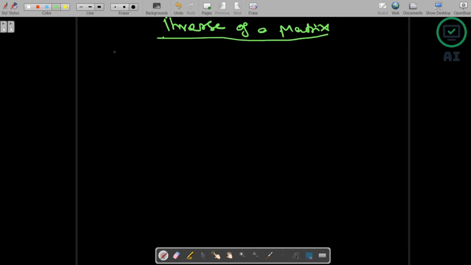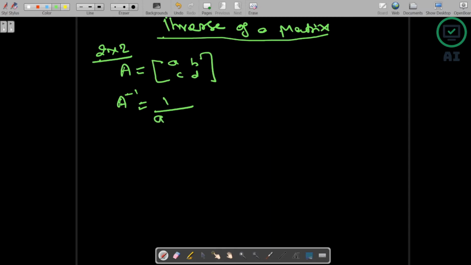So if any matrix of form 2 cross 2 is given to you, let's suppose A equal to A, B, C, D, then A inverse is nothing but, it's a shortcut, 1 divided by AD minus BC, and then interchange the principal diagonal elements, so it is D, A, minus C, minus B.